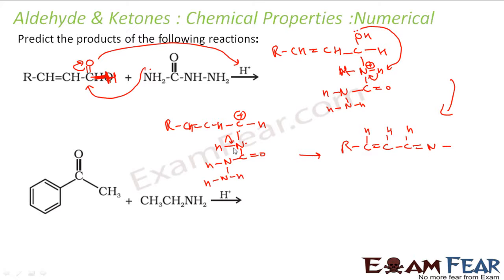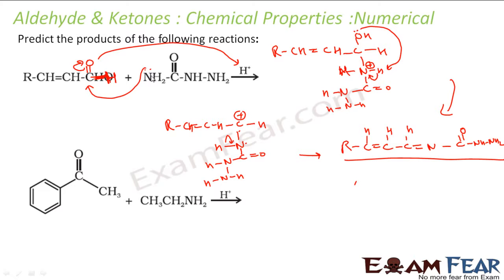Then I have COO, NH, NH2. This is what I'll get. And please note that this is one of the products. The reaction can happen also in one more direction.